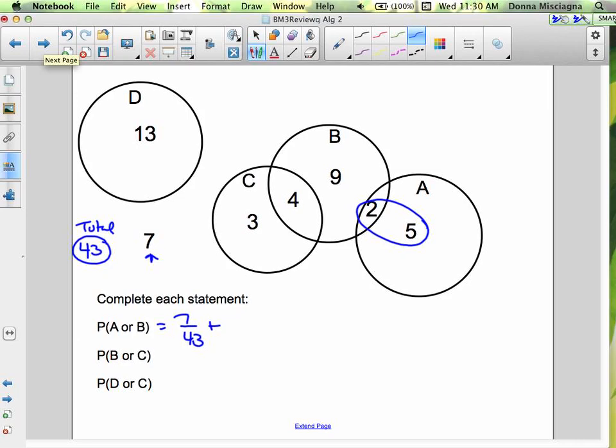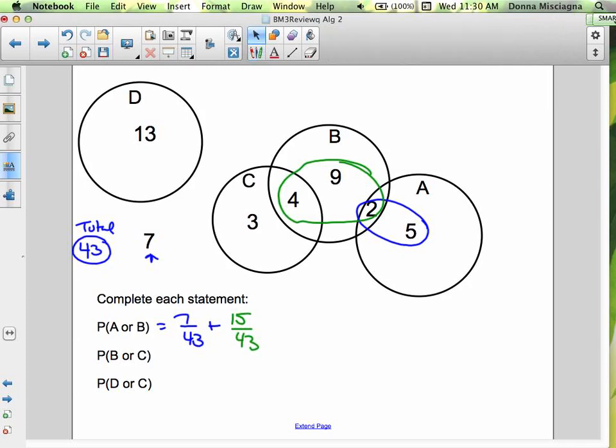We have the 7 out of 43 in A. In B, we have all of these. This is all in B. We have 15 out of 43. But some have been counted more than once.